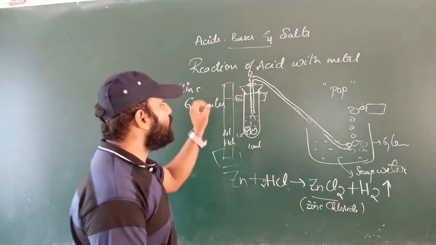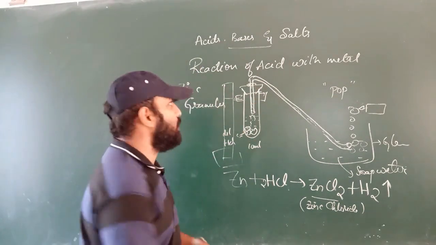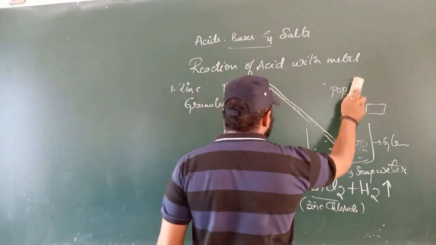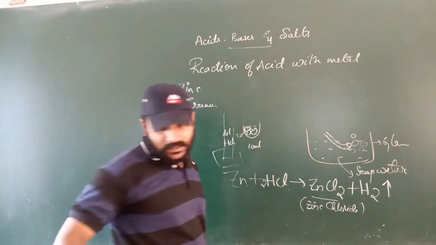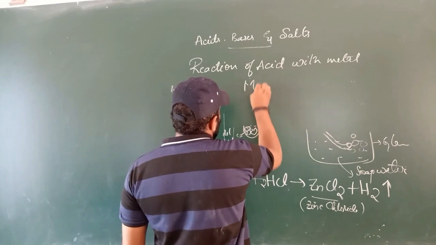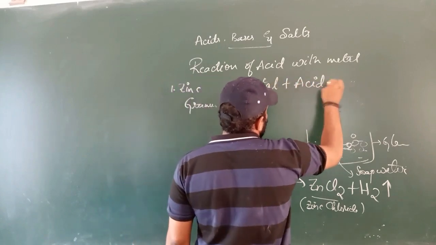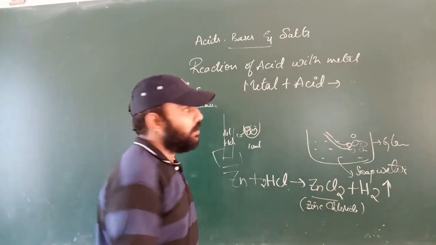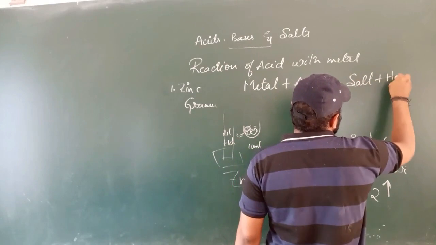So what we have understood in this reaction is that if you write a generalized equation for this reaction, reaction of metal with acid gives salt plus hydrogen gas.